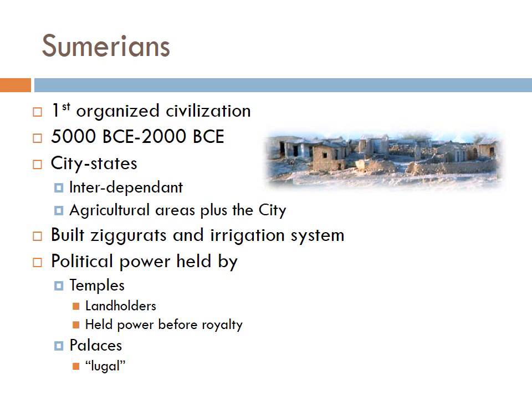And so that land oftentimes gives people power because of what's grown on the land, what's taken from the land, stuff like that. In some cases, like for the Sumerians, these people that are landholders or work in the temples, they hold power before royalty will hold power. And of course, you do have your lugals in the palaces, your leader. Lugal is the term for leader. So you have that as well. So you kind of have like a double system here in the Sumerian world working.